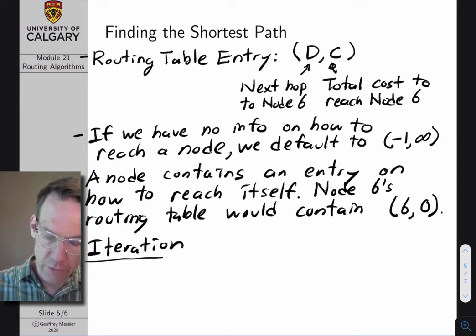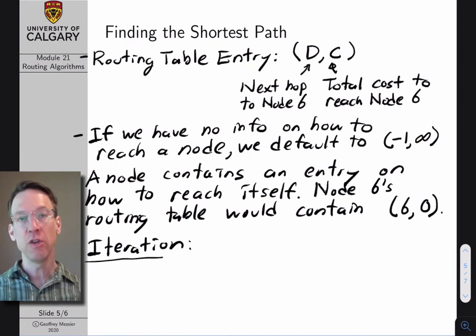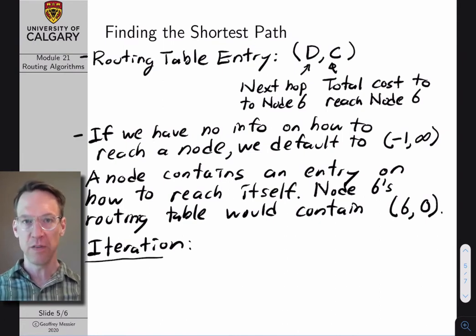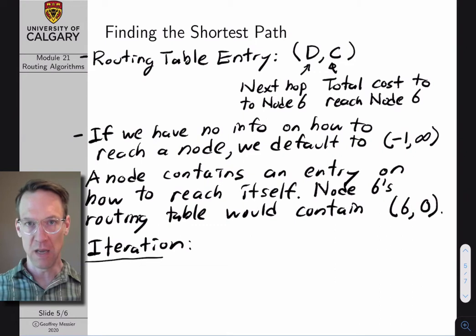As a bit of terminology, I'm going to be referring to iterations of the Bellman-Ford algorithm. And an iteration is basically a period of time where each router shares information with its immediate neighbors.